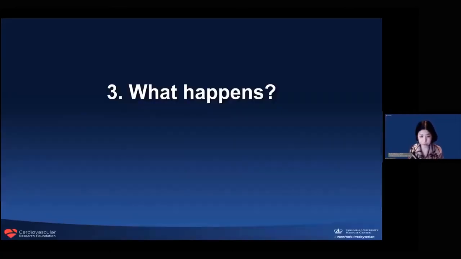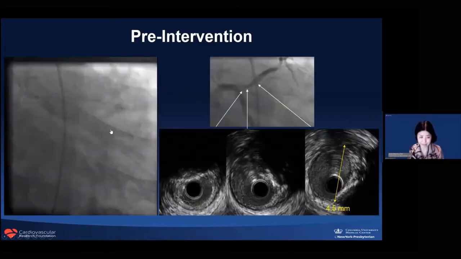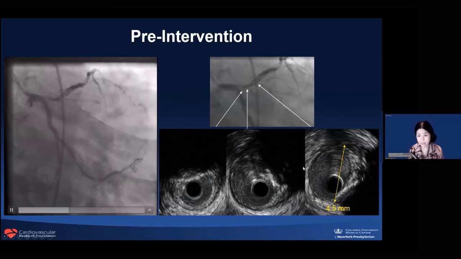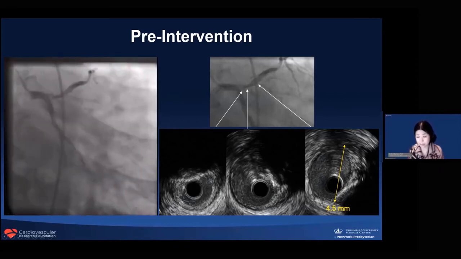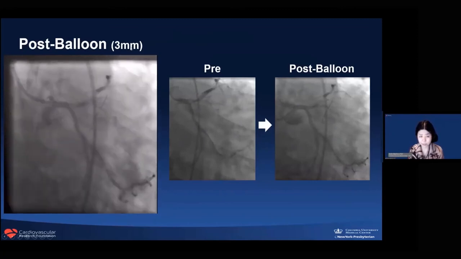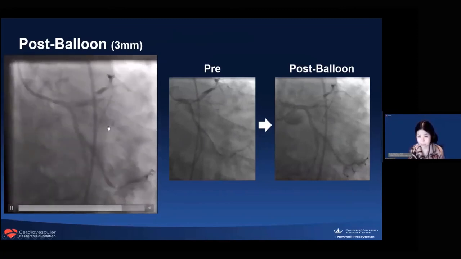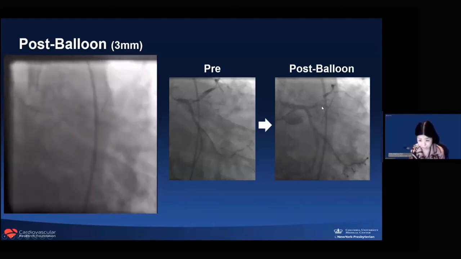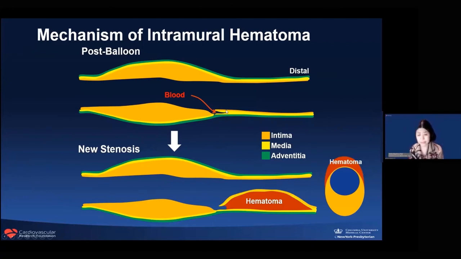And I just want to show one case, what's happening. And this is a very severe LAD, and you can see the vessel diameter by IVUS is 4.5. And the operator performed the pre-dilatation using the relatively small balloon compared to the vessel size. And after the balloon, what you see is distal portion looks like new stenosis. And what's happening? This is really so-called intramural hematoma.